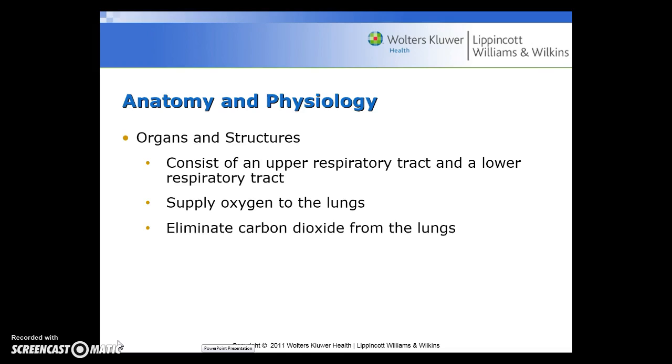The organs and structures of the respiratory system consist of an upper respiratory tract and a lower respiratory tract, the supply of oxygen to the lungs, and elimination of carbon dioxide from the lungs.